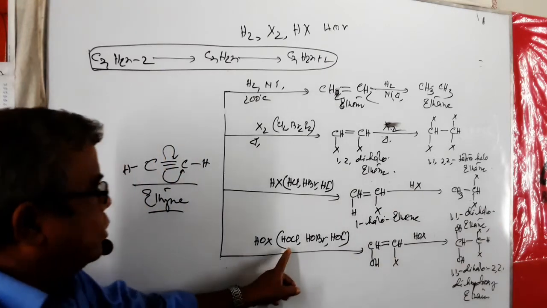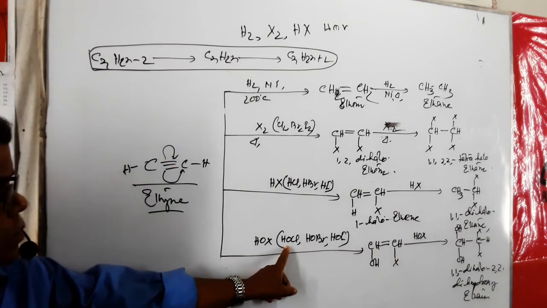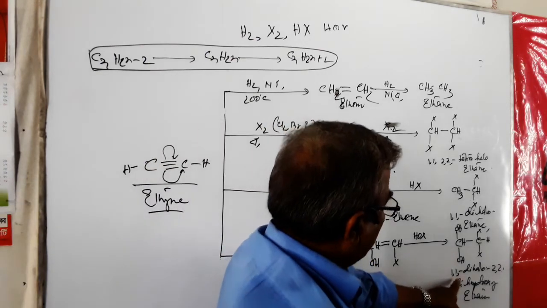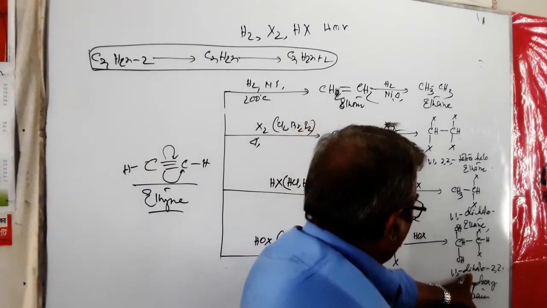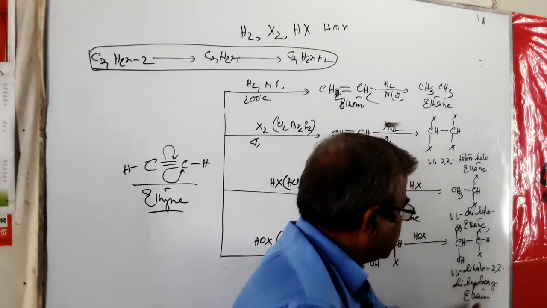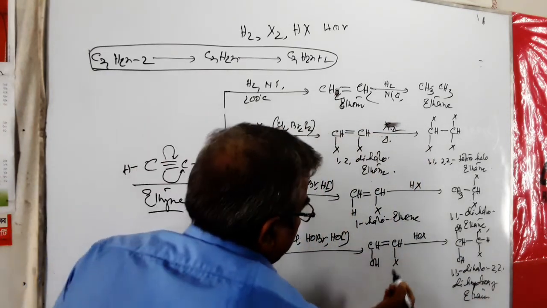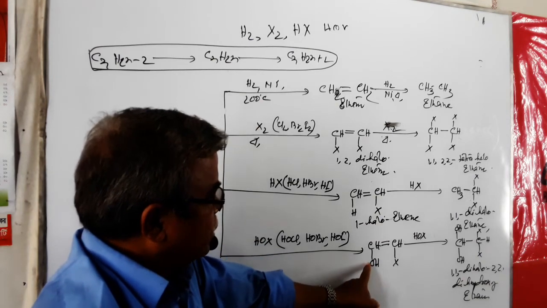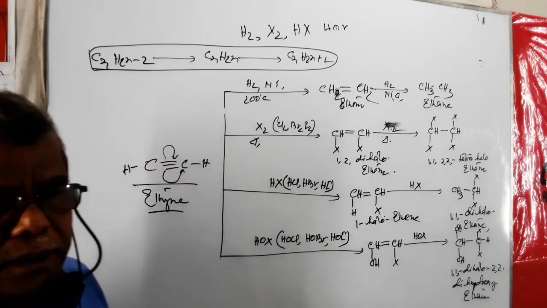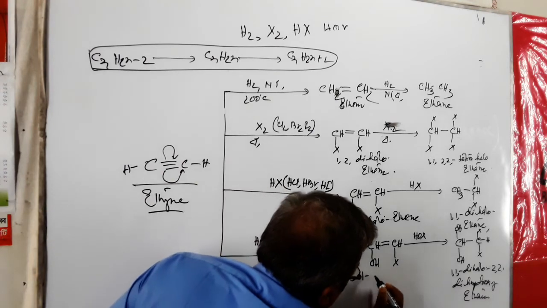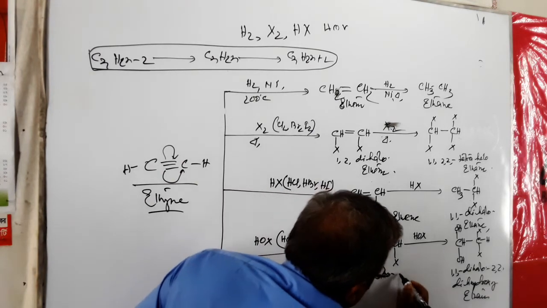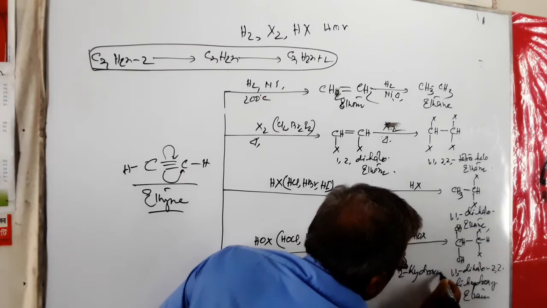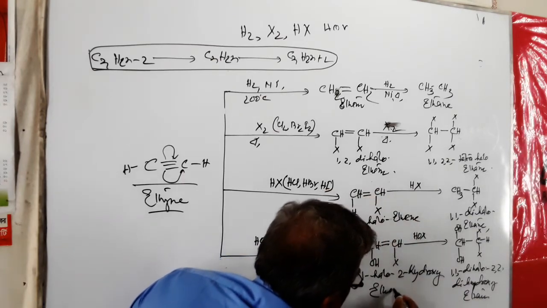If it is hypochlorous acid, then here will be 1,1-dichloro-2,2-dihydroxy ethane, and here will be 1-bromo-2-hydroxy ethane, that is 1-halo-2-hydroxy ethane.